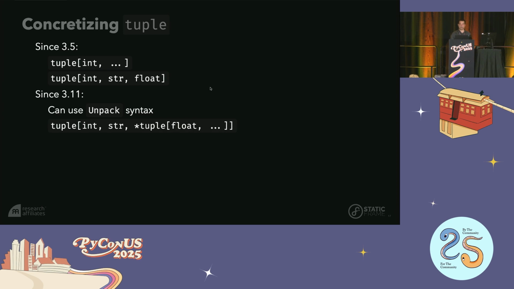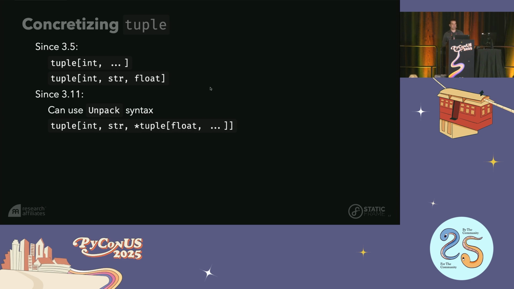Since Python 3.11, we get an additional power to tuple, which is that we can use the unpack notation inside a tuple to literally have it both ways. We can have explicit types, integer and string in this case, followed by a region of 0 or more of another type.